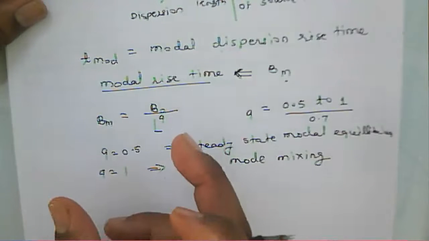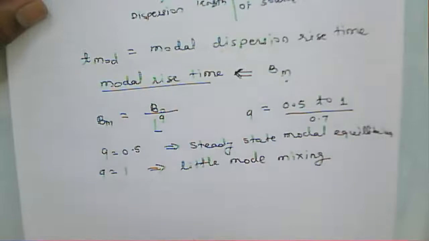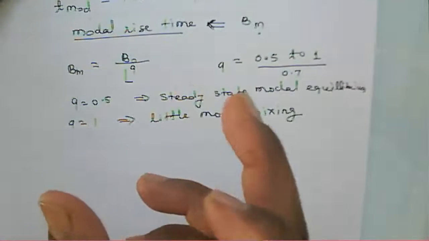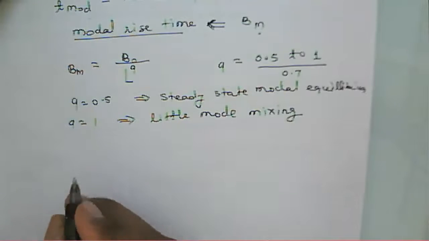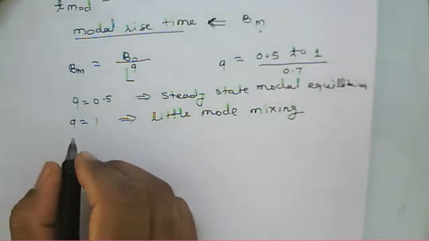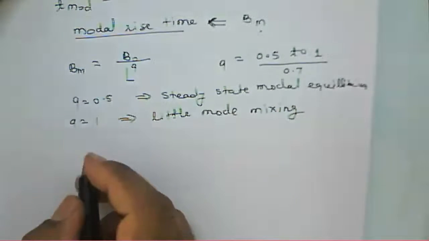And from this modal bandwidth, we can write what pulse broadening occurs for a given particular length. So we can calculate the pulse broadening for this given modal distribution.